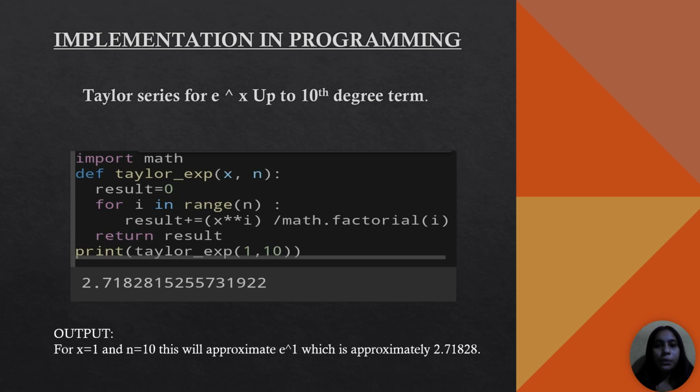We are also using a function call for the execution of the program, and later when we run the program we'll get the value of e, which is 2.71828 and so on. So this is the approximate or close value of e. Using this we can learn Taylor series expansion in programming.